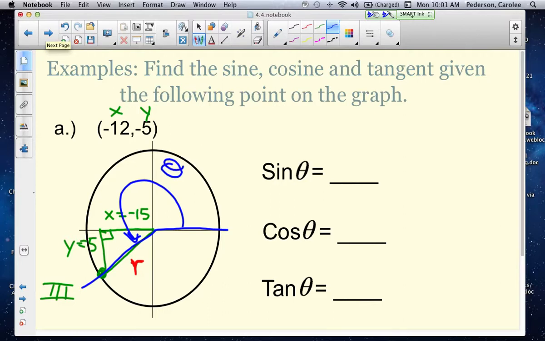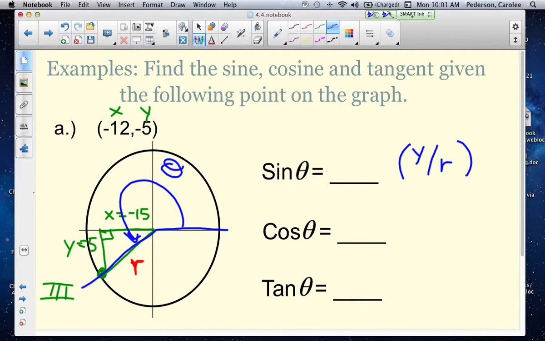If we think back to 2 slides ago, what is the fraction in order to find the sine? Y over r. Do you agree? From that first slide that I had you write down, do we know the r? No. So before we go and find the trig functions, we have to make sure we know the x, the y, and the r.